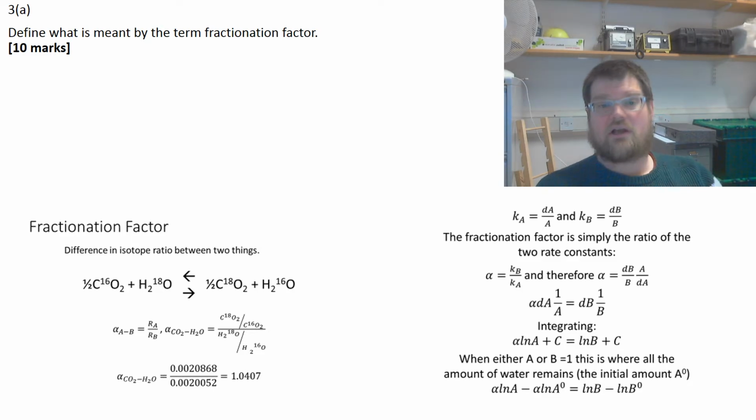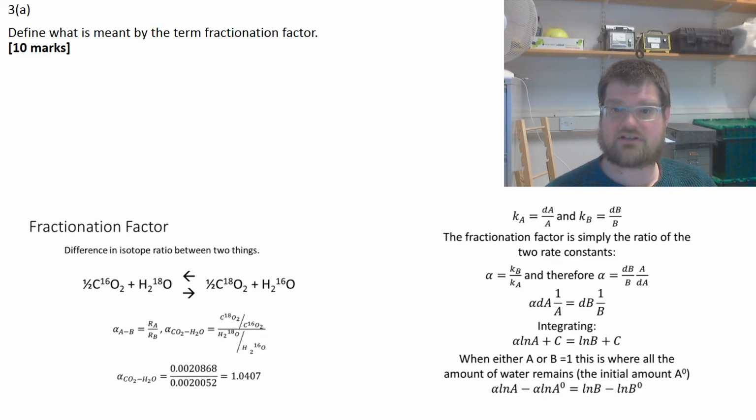So first of all, the fractionation factor. Not a huge amount is required for this. I think most people got the idea that in some isotope exchange, if you have two phases, a CO2 phase and in this example a water phase, you can exchange isotopes between them. And the fractionation factor is just the isotope ratio in one phase divided by the isotope ratio in the other phase.